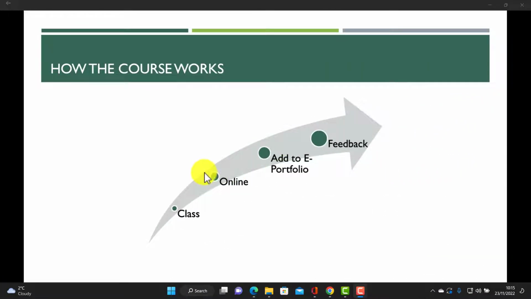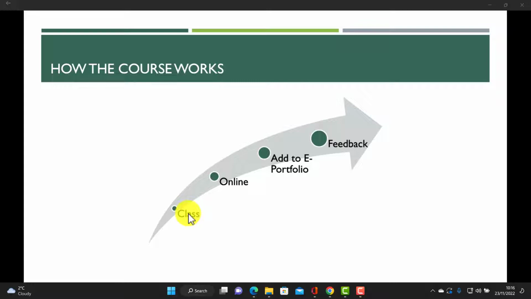So the way an e-portfolio works is like this. You'll be doing activities in class, and you'll be doing activities online on the platform. So each week you have a webinar, that is, you have a class with me or with one of the other tutors. And then in that class you will do various activities, and you'll have discussions, and you'll be looking at technologies.